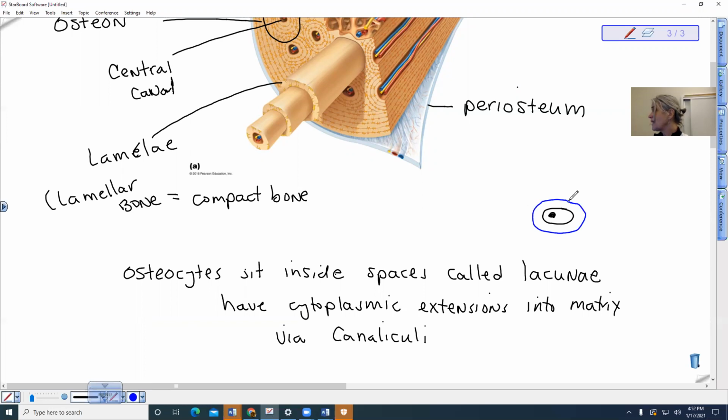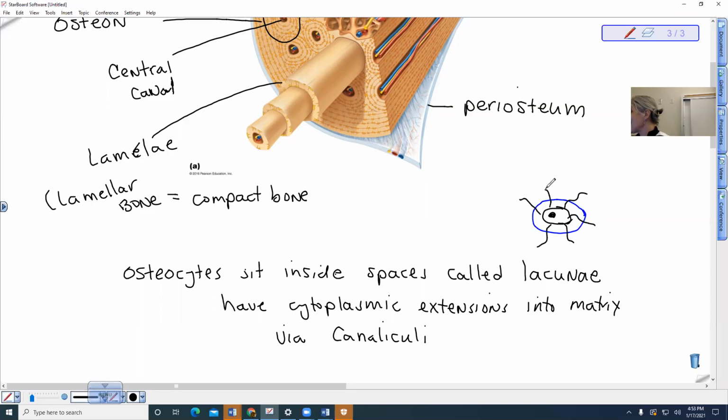So this is important because your cells cannot live in like solid matrix, right? If there was like minerals, like a wall, they wouldn't be able to get nutrients and get rid of waste. These osteocytes are living in your bone, right? So from this lacunae, they send out these cytoplasmic extensions. Let's put back my cell. And these cytoplasmic extensions kind of go like this into the matrix.